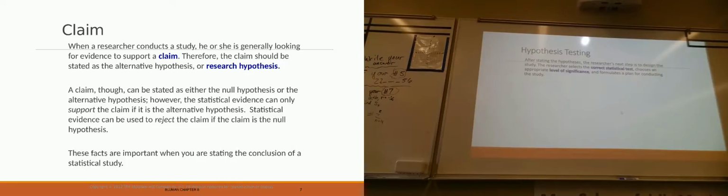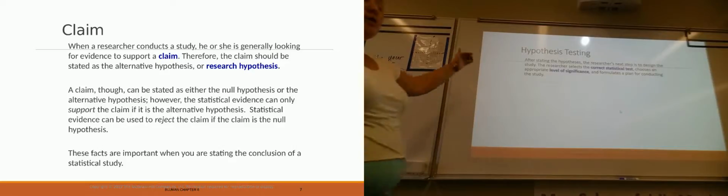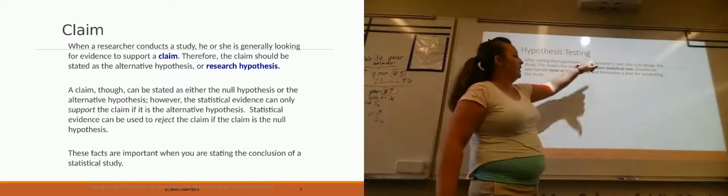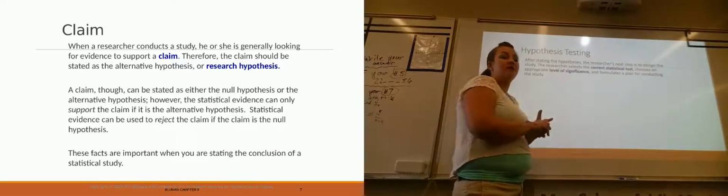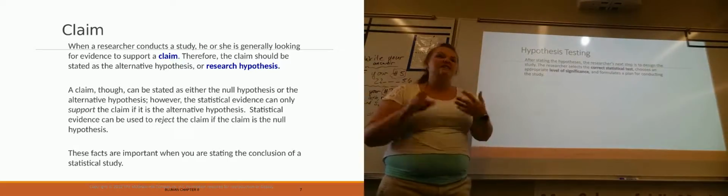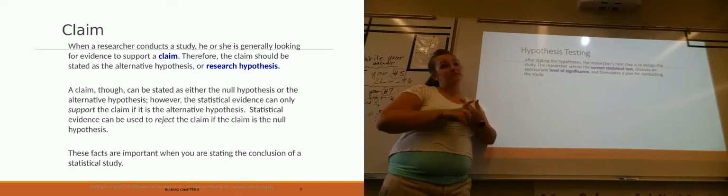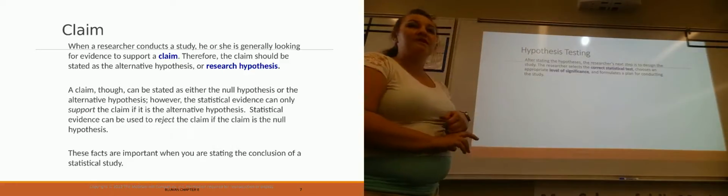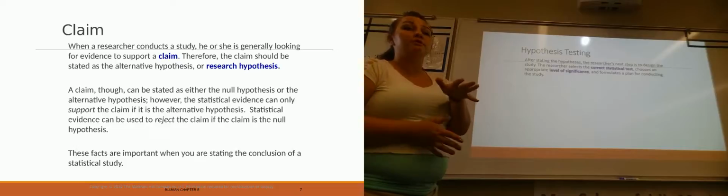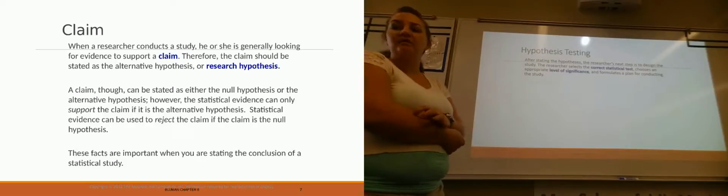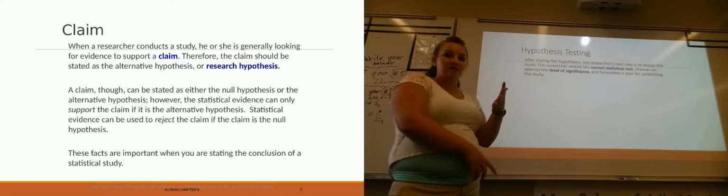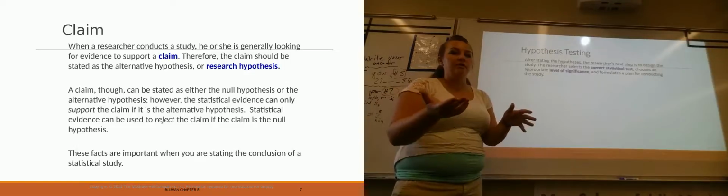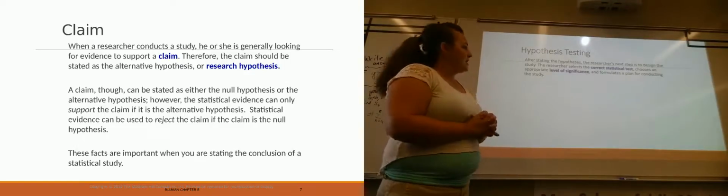So what we're going to be doing in the next few days is hypothesis testing. The researcher selects a correct statistical test. In the next few days, we'll go over a z-test for the mean, a t-test for the mean, and then a z-test for the proportion. Those are basically the same types of things we've been doing for each section. Like the last few chapters, we've had a z-test, a t-test, and then a totally different test for proportions.